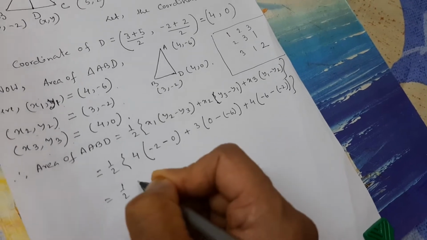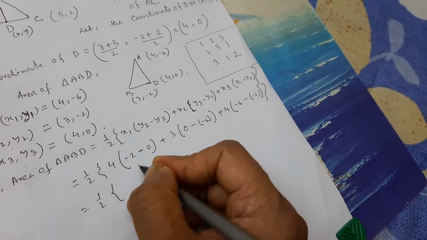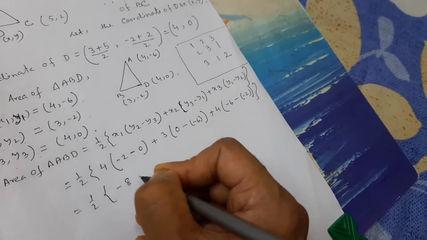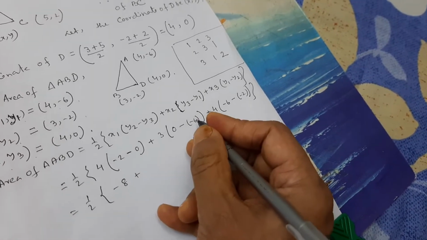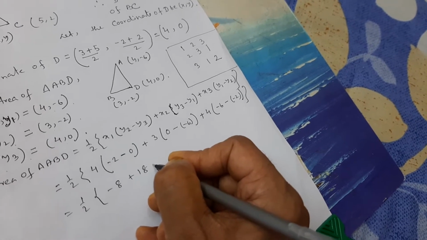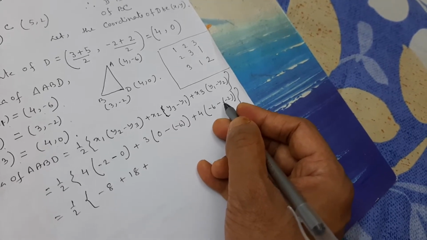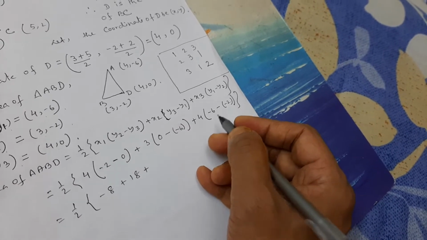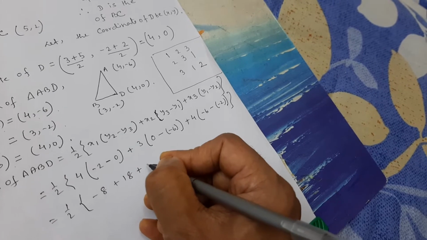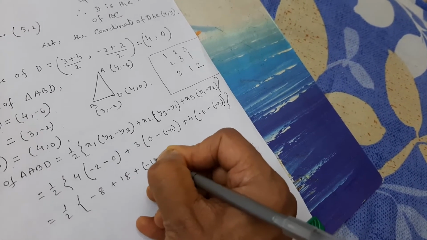Equal to half, 4 into minus 2, that is minus 8, plus 3 into 6, 18, plus 4 into minus 6 plus 2, minus 4, so minus 16.